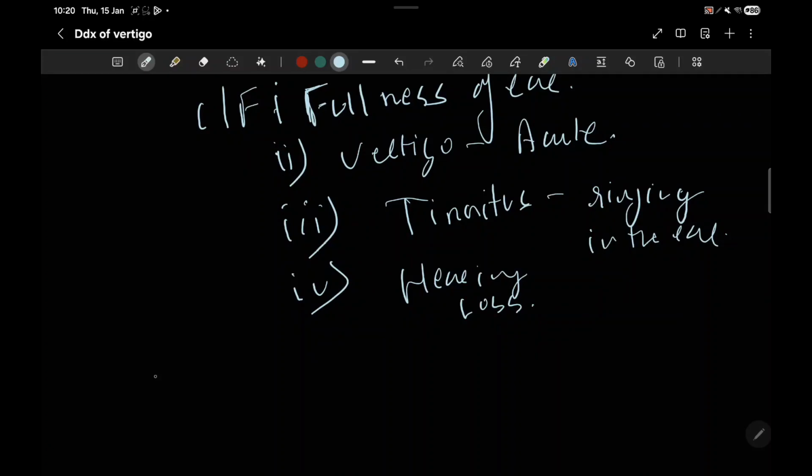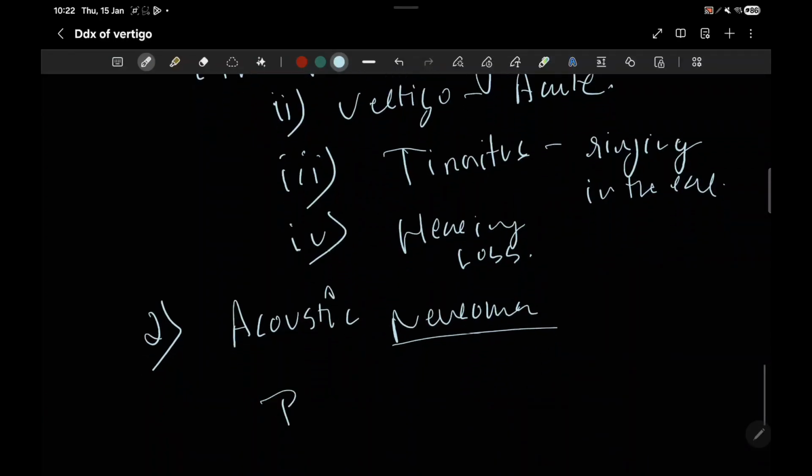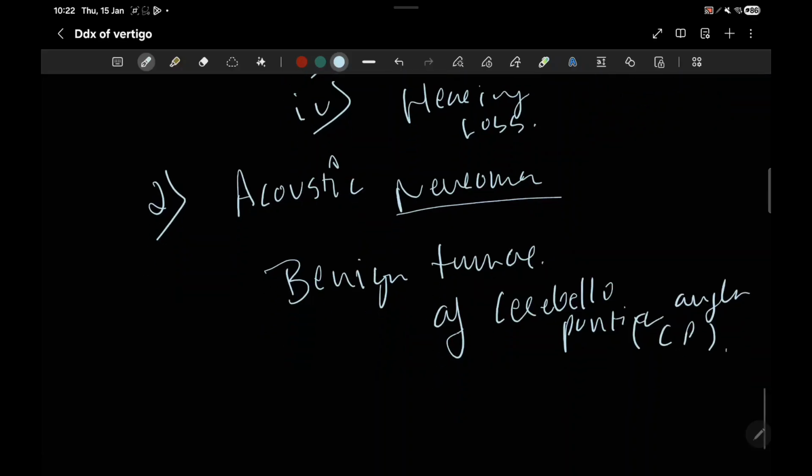There is a similar condition called acoustic neuroma. Neuroma is basically a tumor, a benign tumor, not malignant. It's a benign tumor of the cerebellopontine angle, the CP angle. So what do they arise from?